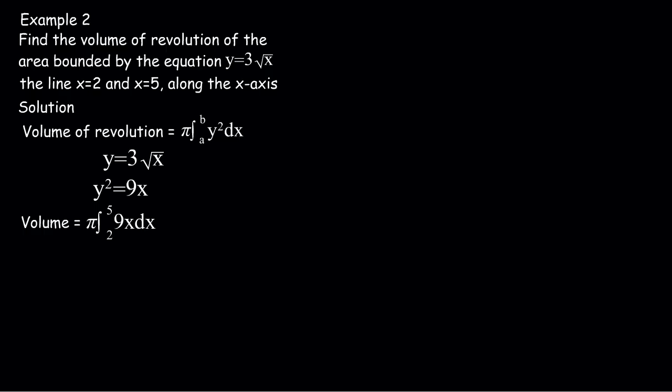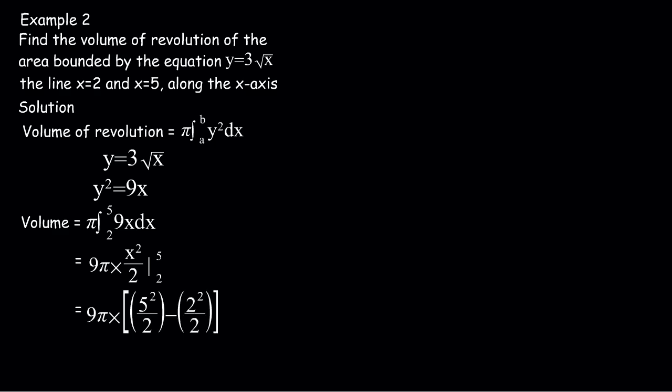Now we know that we are not going to be integrating the constant 9, so we can bring our constant over and we'll be left with 9 pi. So integrating x, it will be equal to 9 pi times x squared divided by 2 from 5 to 2, and substituting for our upper and lower limit, it will be equal to 9 pi times in bracket 5 squared divided by 2 minus 2 squared divided by 2.